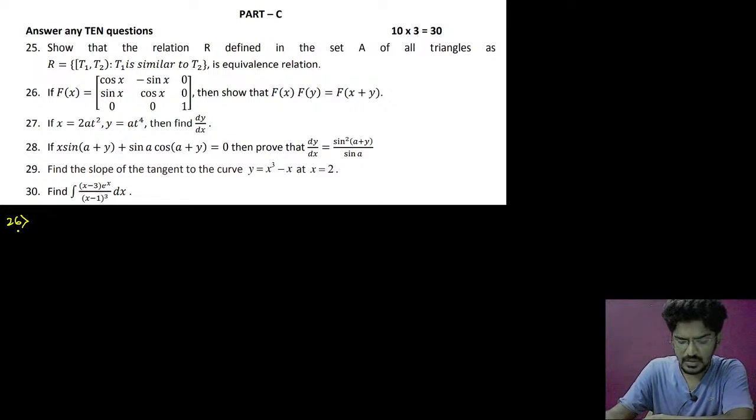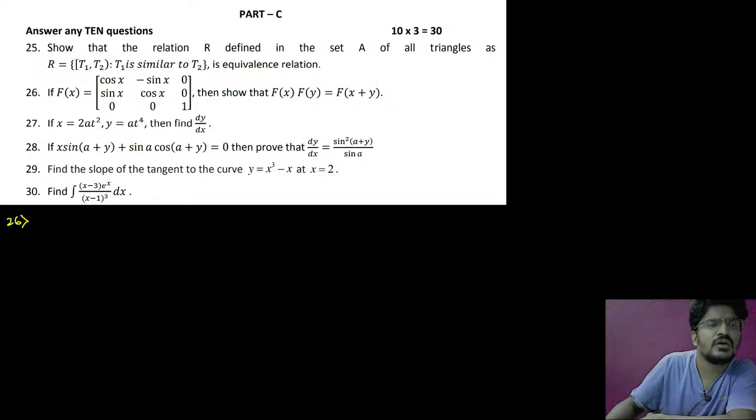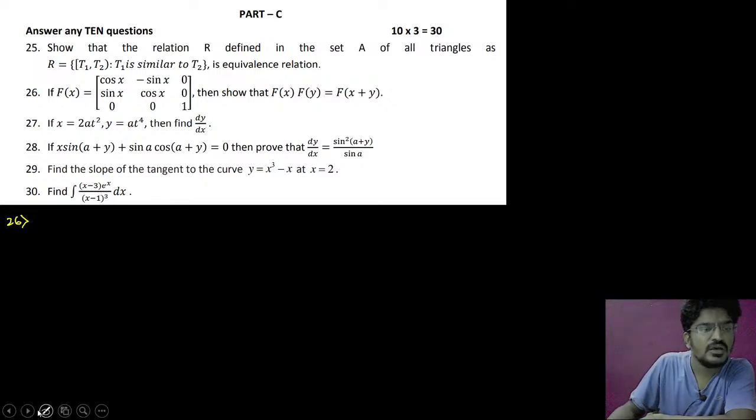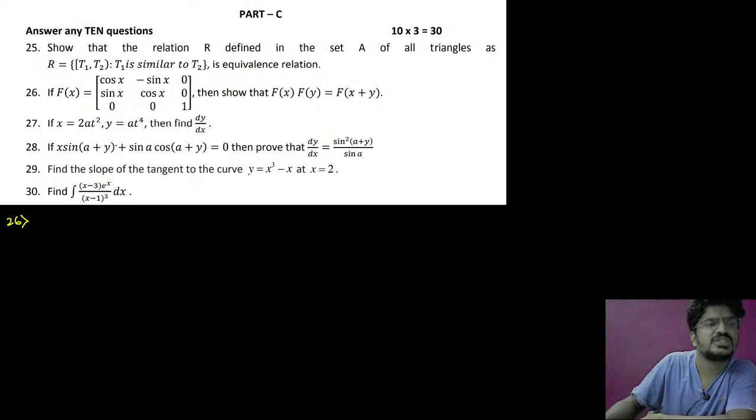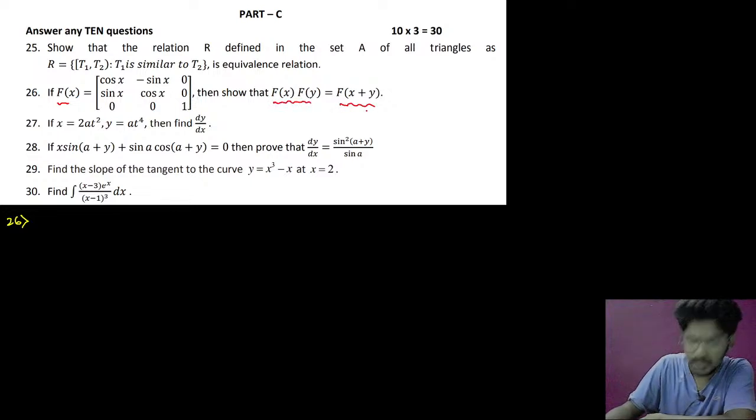Reply me quickly. Okay. So now the 26th problem is: f of x is equal to the matrix cos x, minus sin x, 0; sin x, cos x, 0; 0, 0, 1. Then show that f of x into f of y equals f of x plus y.